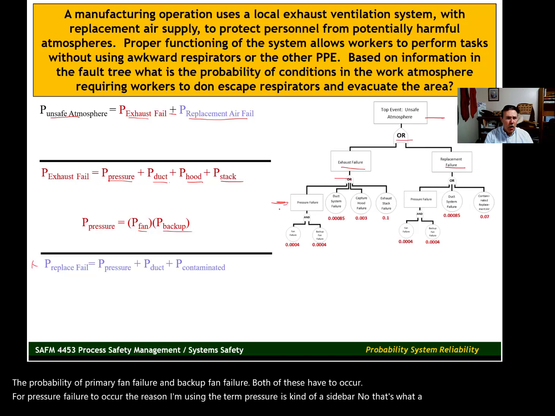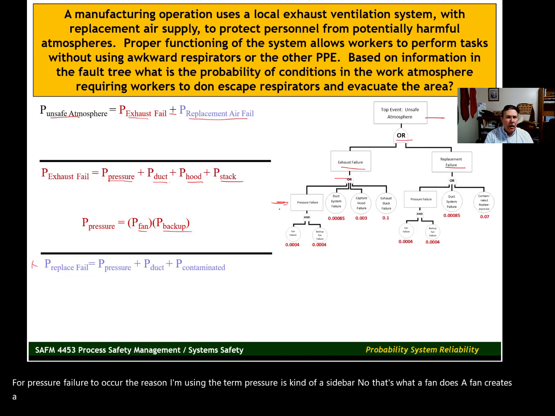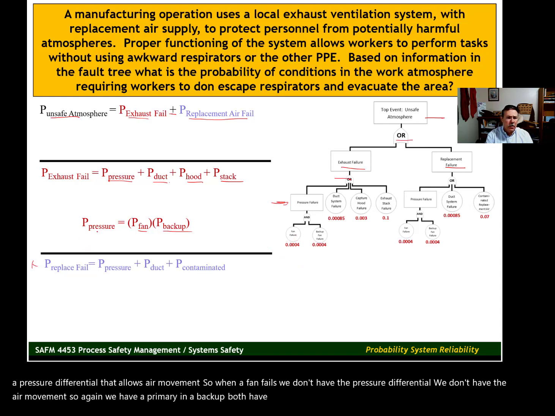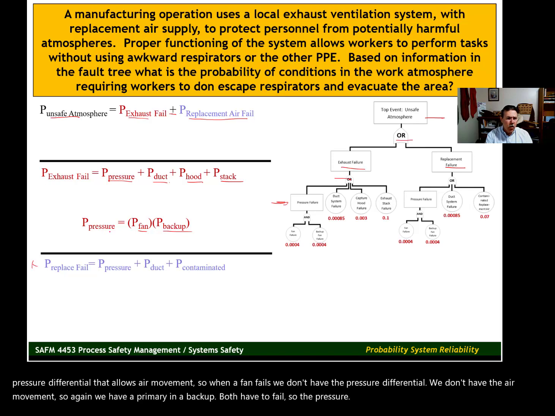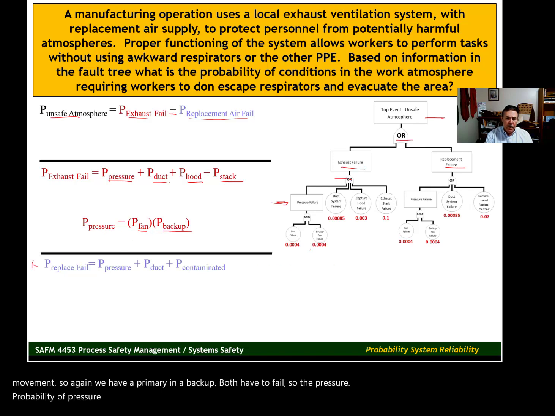A fan creates a pressure differential that allows air movement. So when a fan fails, we don't have the pressure differential, we don't have the air movement. So again, we have a primary and a backup, both have to fail. So the probability of pressure failure will be this probability multiplied by that probability, 0.004 multiplied by 0.004.